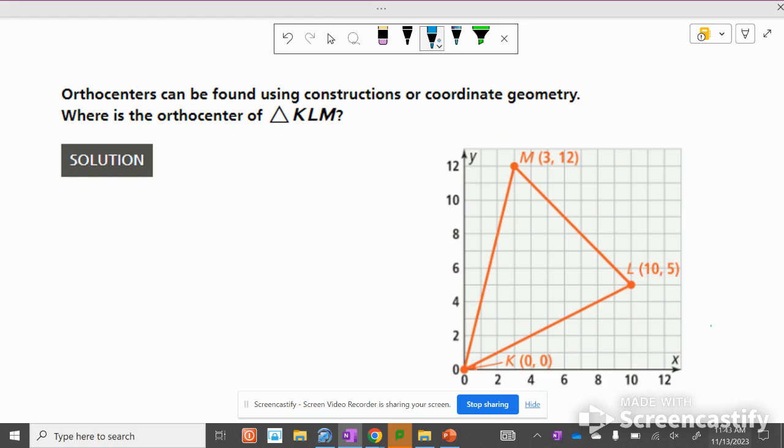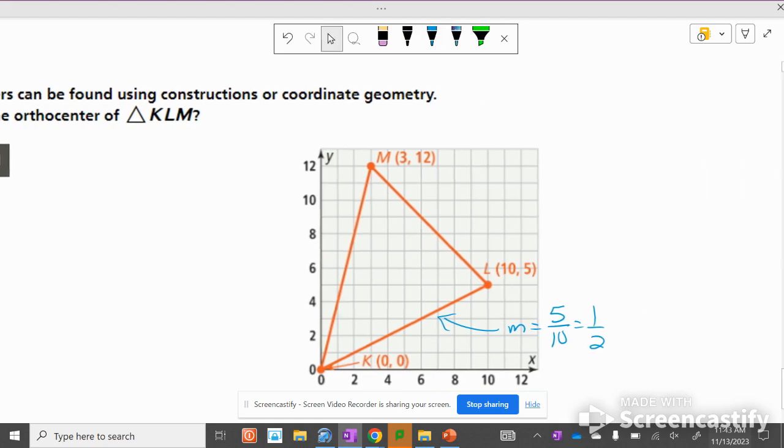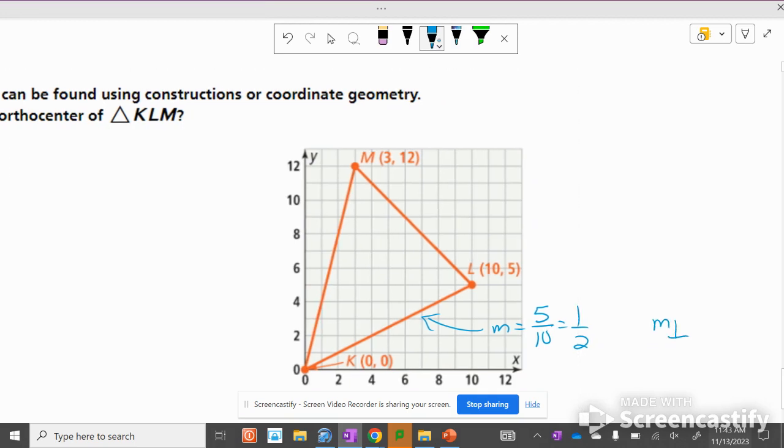How far did I rise? The slope was 5 over 10, which is 1/2. If I want to go perpendicular to 1/2, the slope perpendicular to 1/2 would be -2 over 1. Are we all right with that?